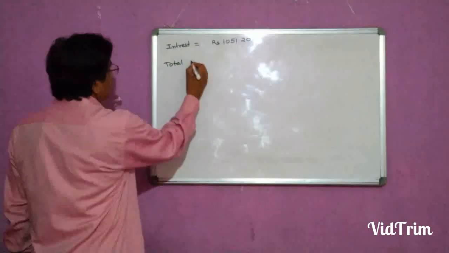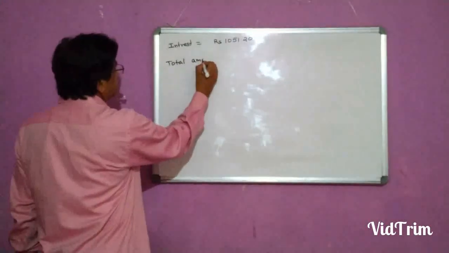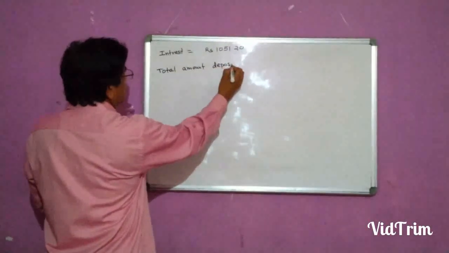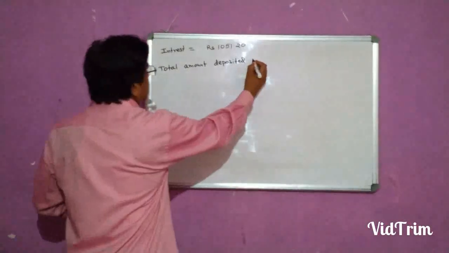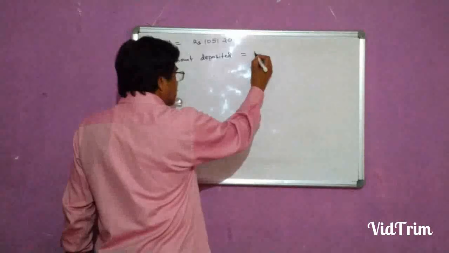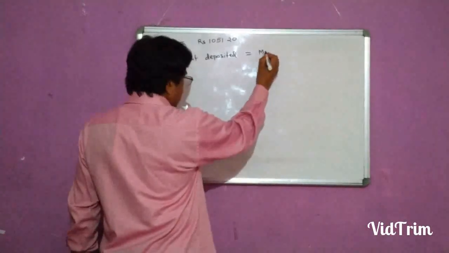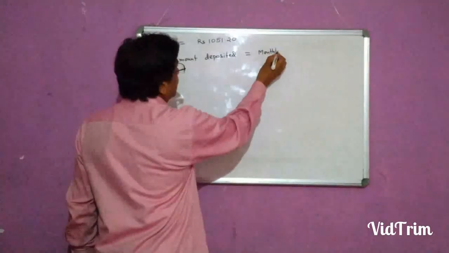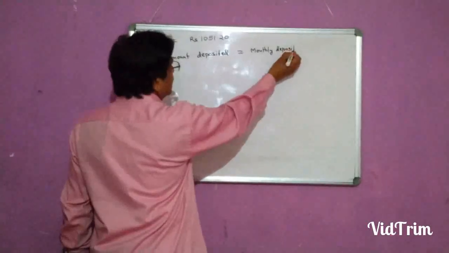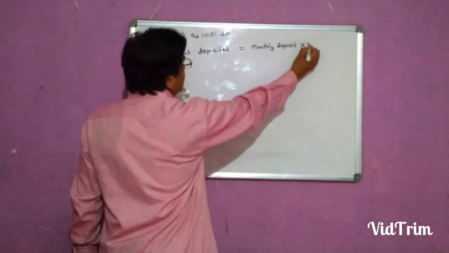Total amount deposited is equal to the monthly deposit into number of months n.